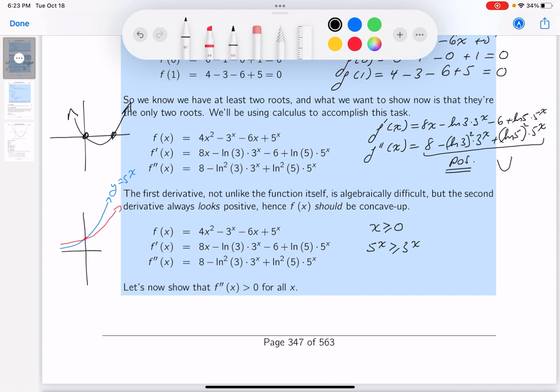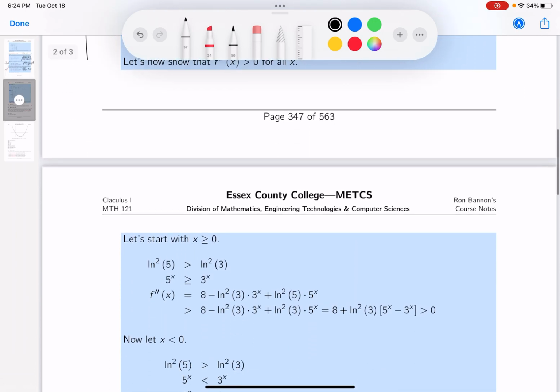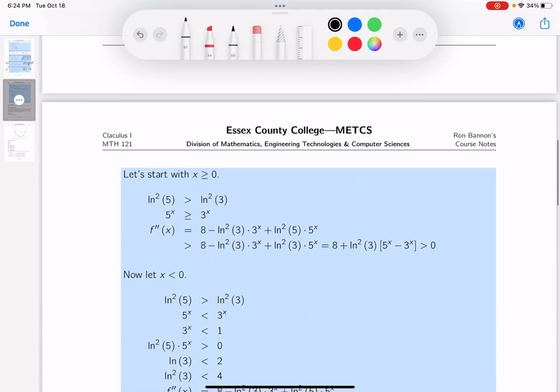So what do I know? I know that when x is less than 0, 3 to the x is greater than 5 to the x. I think this is going to be the easy one to do first. So let's do that first, and we'll walk through it. We're going to take that case first. This is the easy one.